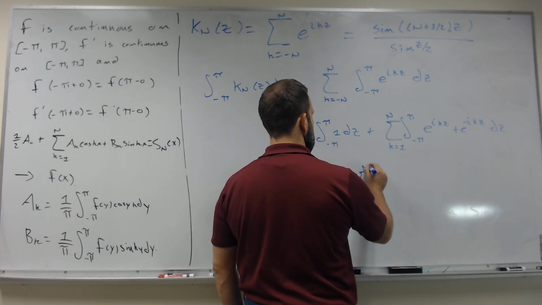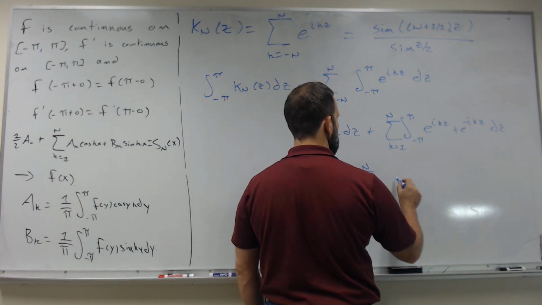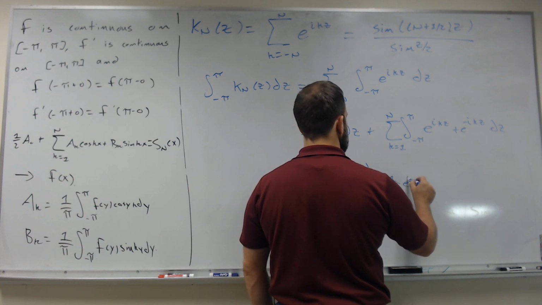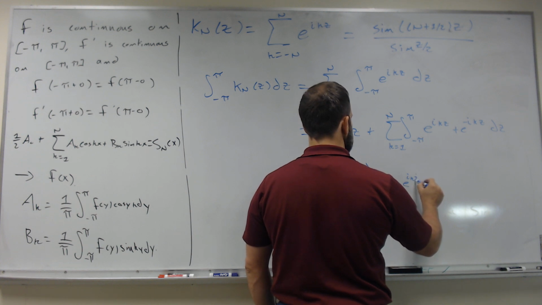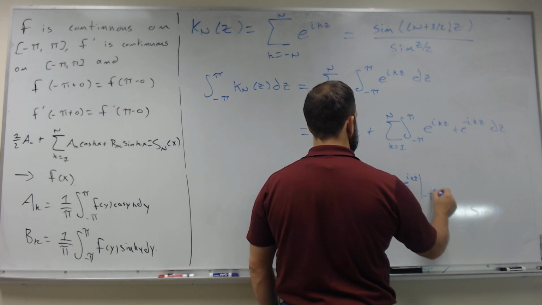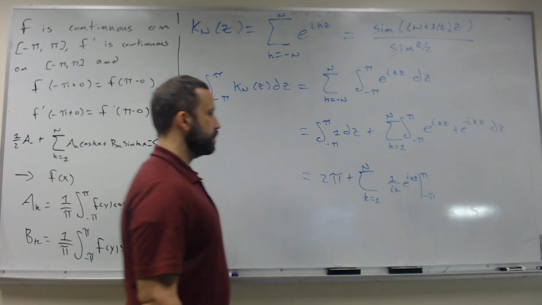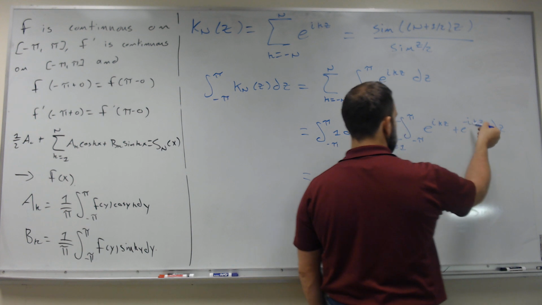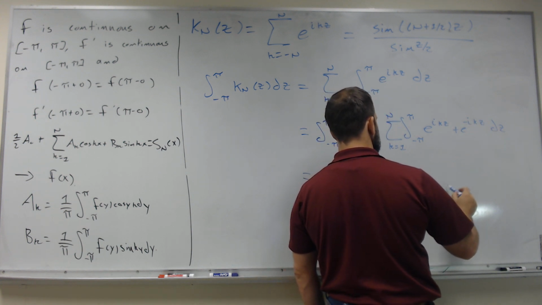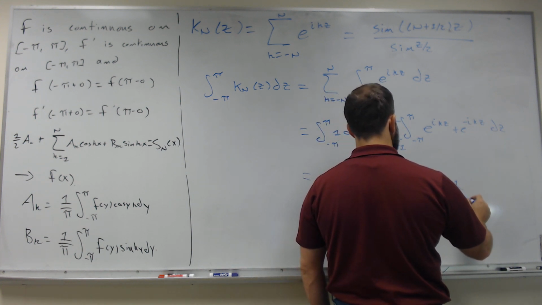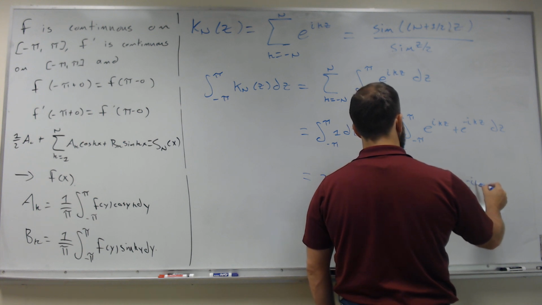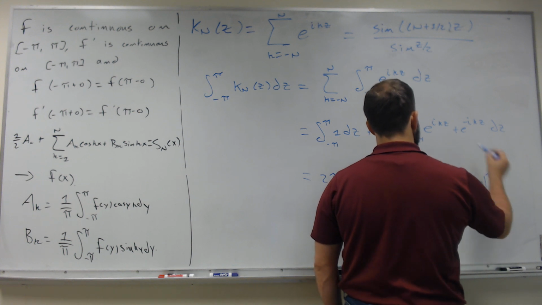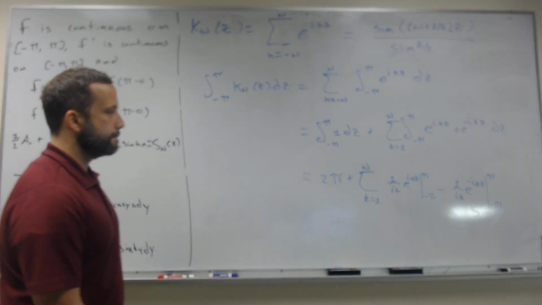For k equals 1 to n, the antiderivative gives 1 over ik times e to the ikz going from minus pi to pi, plus, since there's a minus sign in the antiderivative, minus 1 over ik e to the minus ikz, going from minus pi to pi.